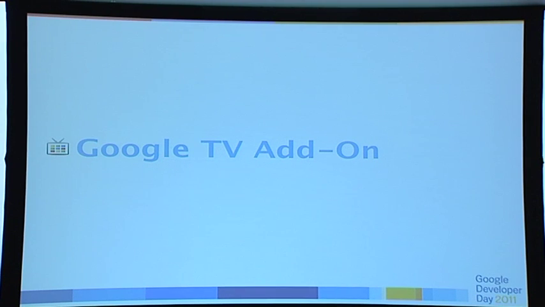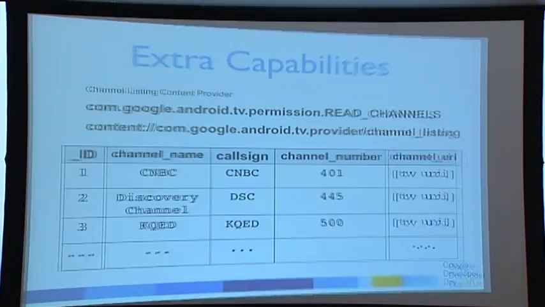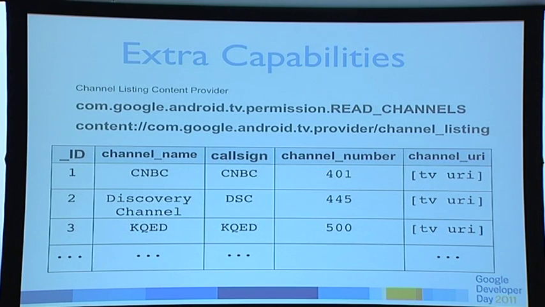So I talked about a lot of things that Google TV cannot do, which other Android devices can do. So let's talk now about things that Google TV can actually do better than other Android devices. And one of them would be, we have a channel lineup. So with Google TV, your app can actually figure out not what's currently on TV, but what's available on TV.